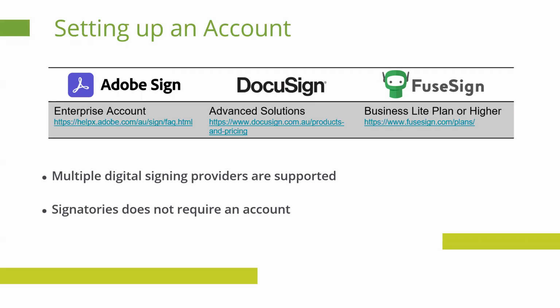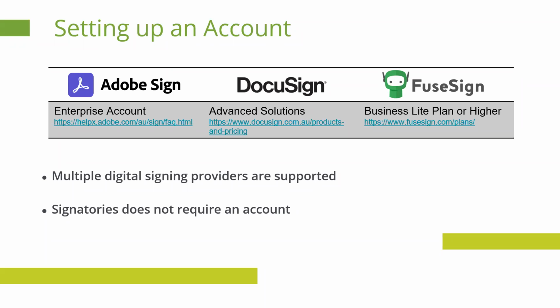But as of right now, to proceed with digital signing in CAS 360, you'll need to have an account with at least one of these providers. And you can simply navigate to their website for more details, such as what is included in the plan and important information surrounding the signing credits and the costs involved.